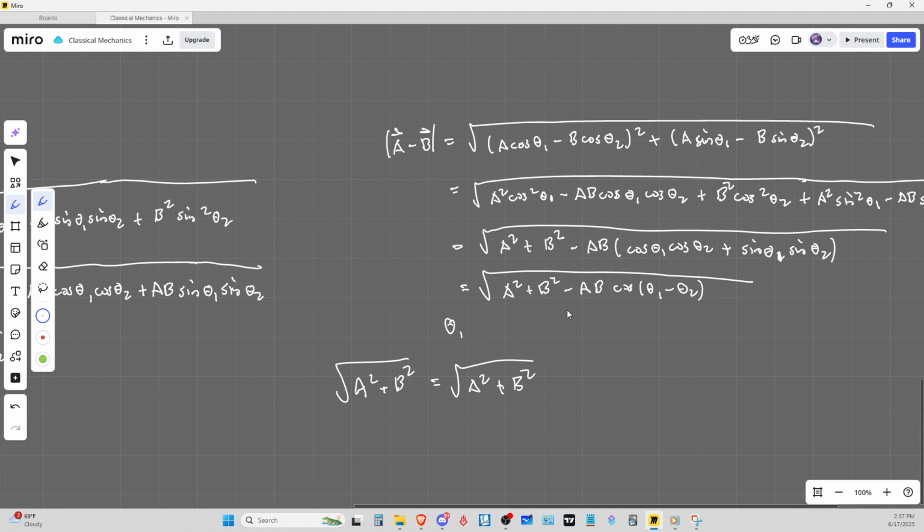This sign doesn't matter, so we can probably leave it in. If they're perpendicular, then both have to be 90. But if this is 0, then this becomes 1 instead of 0. We want it to be equivalent to 0.